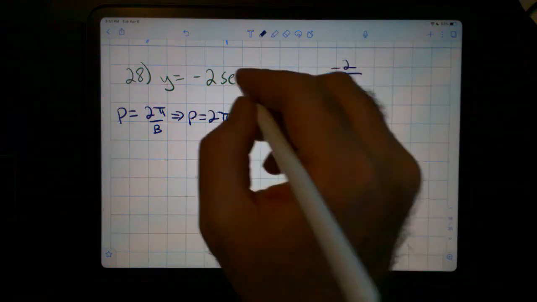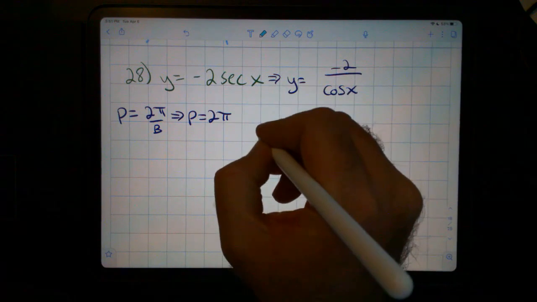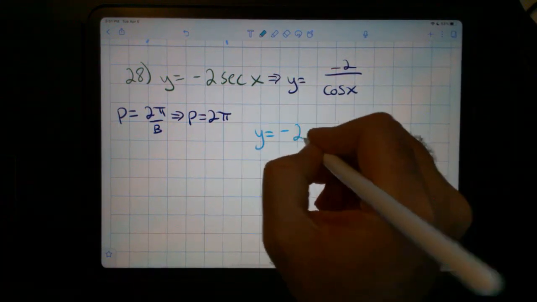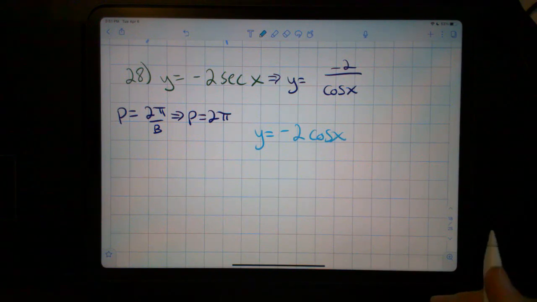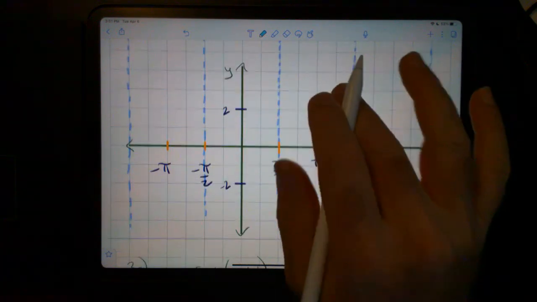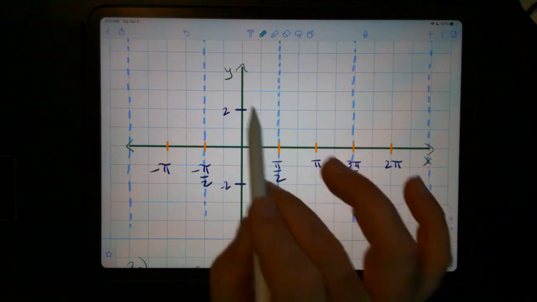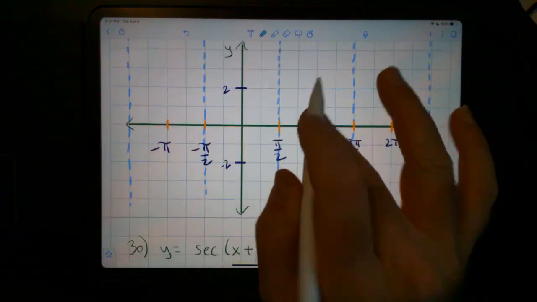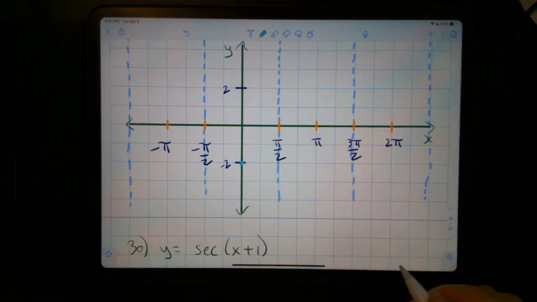And then let's graph this. We're going to kind of squint our eyes and graph something very similar. So let's graph y equals -2 cosine x. So remember, cosine normally begins up, down, and around. But since this is -2 cosine, this graph is going to go down to here.